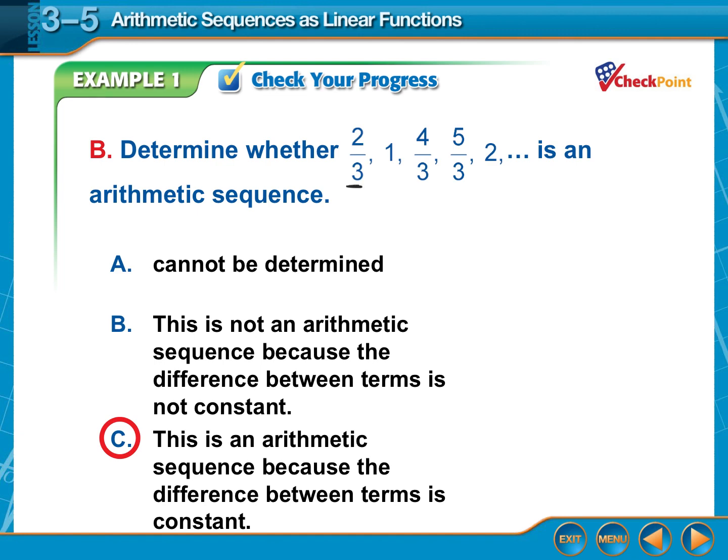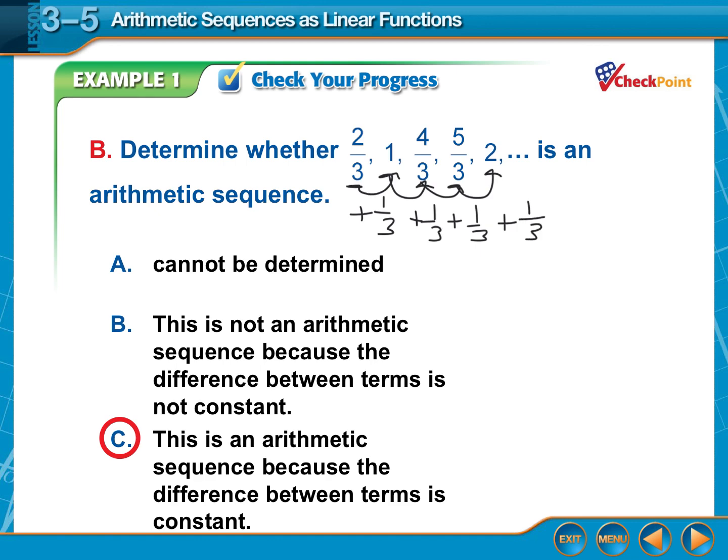Let's look at this one. What's happening from our first term to our second term? What are we adding or taking away? We're adding 1/3. What about to our next term? We're still doing 1/3? Let's keep going. What about this term? What about here to here? Adding 1/3. Do we all agree we're adding 1/3 every single time? Yes.